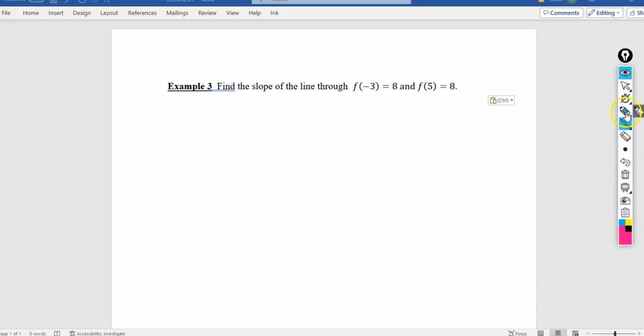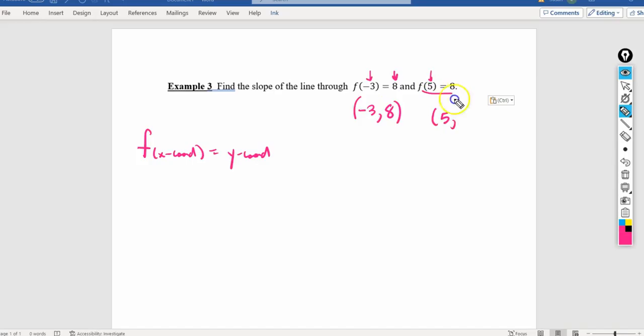Remember from functions, what we learned about functions in test 1, f evaluated at the x coordinate is equal to the y coordinate. So this tells me that the point with x coordinate -3 and y coordinate 8 is on the line. This tells me that the point with x coordinate 5 and y coordinate 8 is on the line.